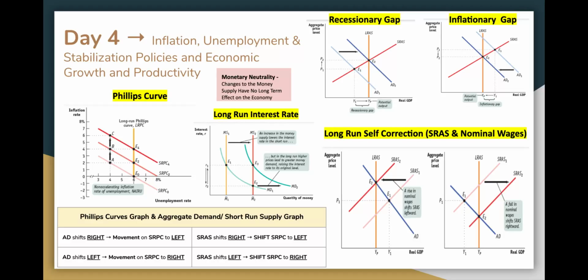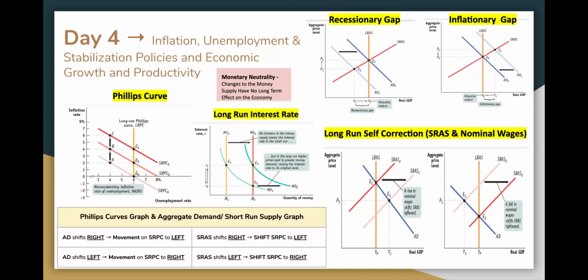Okay. The next thing on a Phillips curve: if it's moving, it's the aggregate demand. If the entire curve is shifting, and we are getting new curves, so if the short run aggregate supply curve shifts to the right, that means that the short run Phillips curve is going to shift to the left. Notice how they're opposite as well.